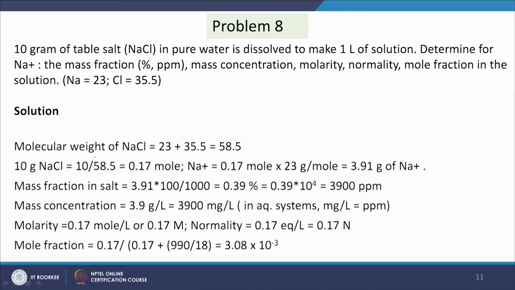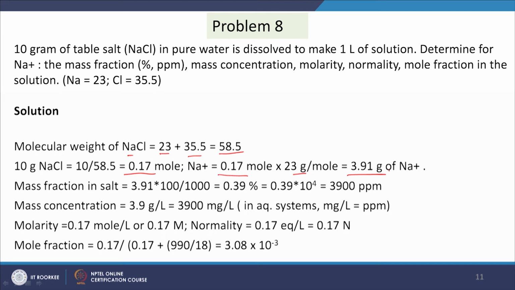So, molecular weight of NaCl, we know, 23 for sodium and 35.5 for chloride, so that is 58.5. Then 10 gram NaCl, 10 divided by 58.5 is equal to 0.17 mole NaCl. So, Na plus is equal to 0.17 mole into 23 gram per mole, that is equal to 3.91 gram of sodium plus.